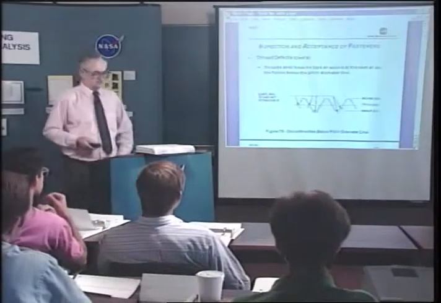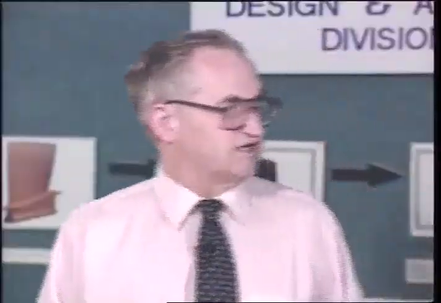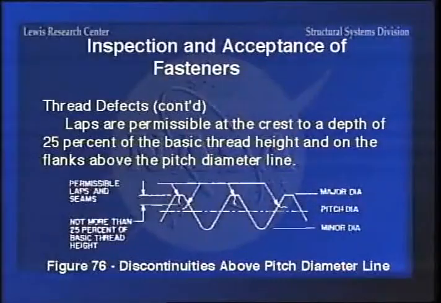So anything below the pitch diameter in the way of a noticeable defect, you're not going to accept. When you get things above the pitch diameter, or outboard of it, now you can accept more defects there because it is more lightly loaded. But even so, there are limits on how much you can accept on it.